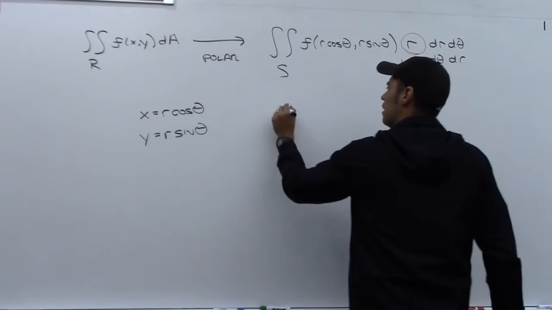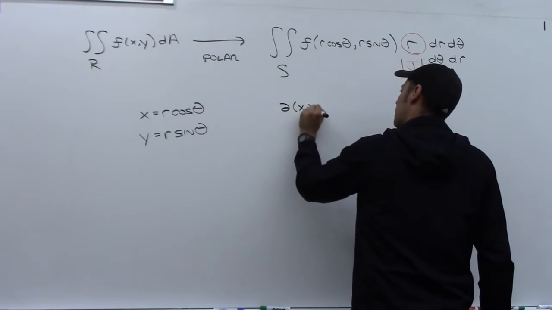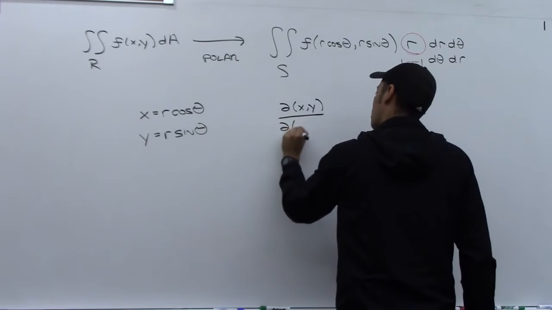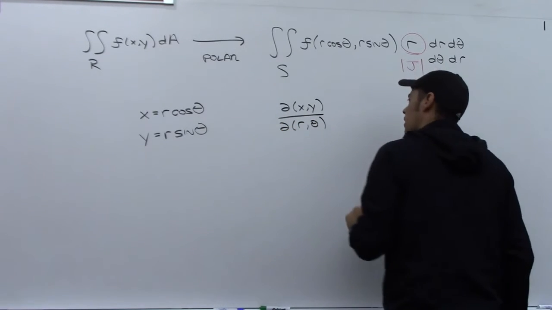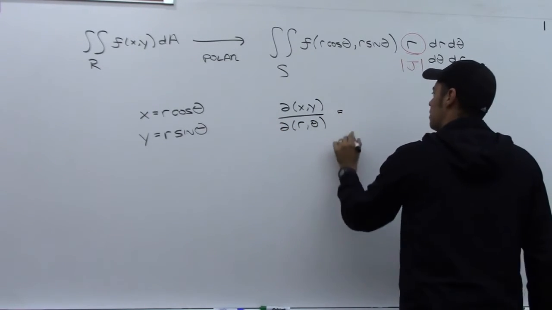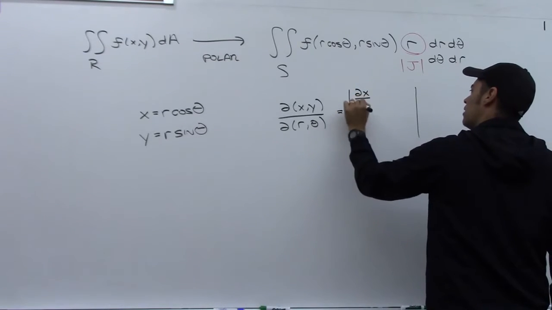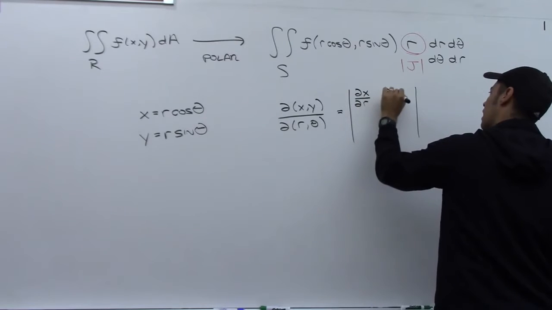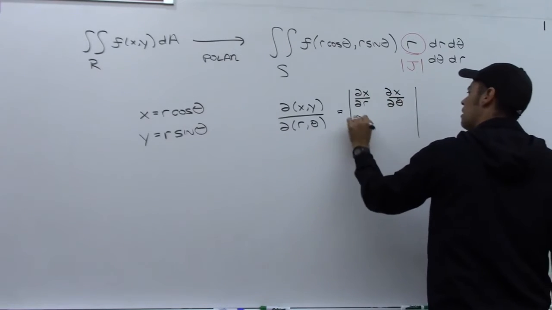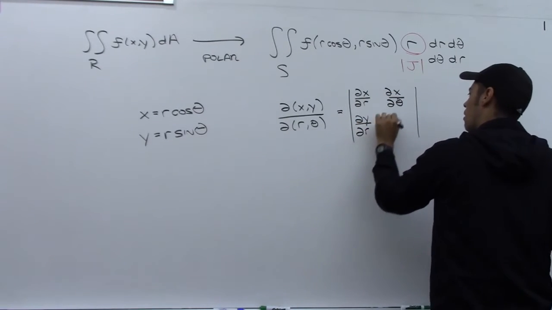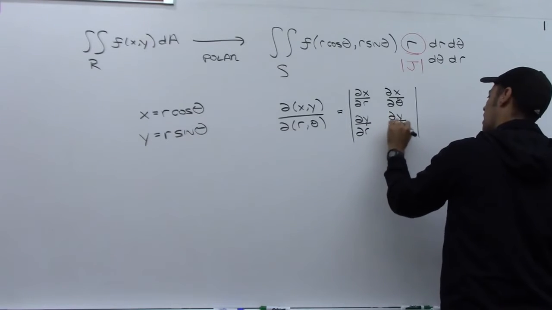So the Jacobian is going to take xy over to r theta. And so that will be this determinant, partial of x with respect to r, partial x with respect to theta, partial y with respect to r, partial y with respect to theta.